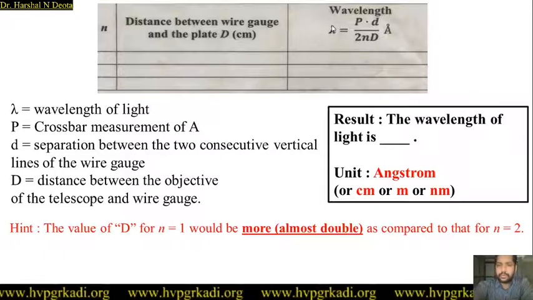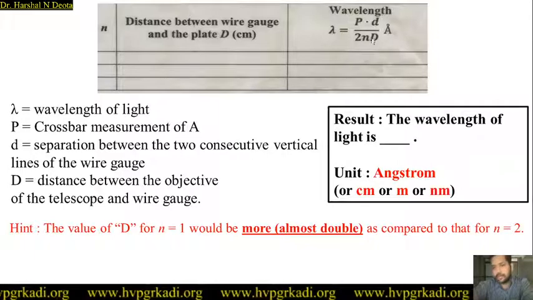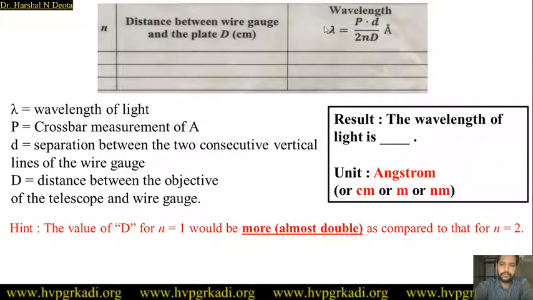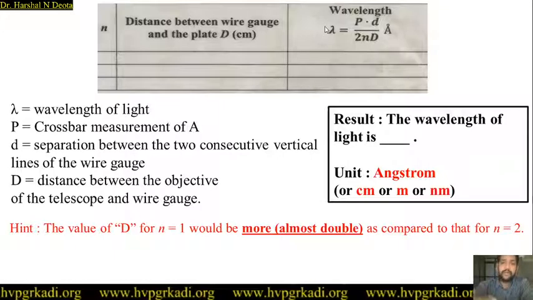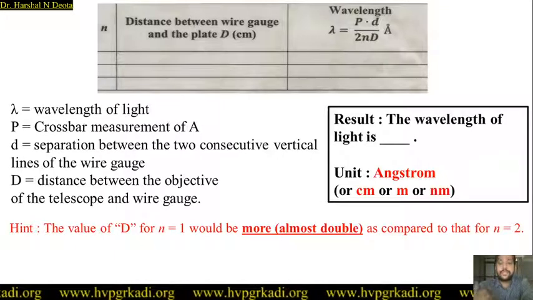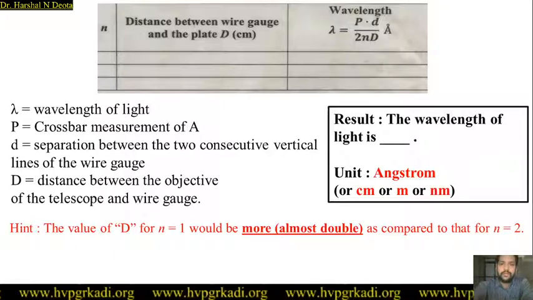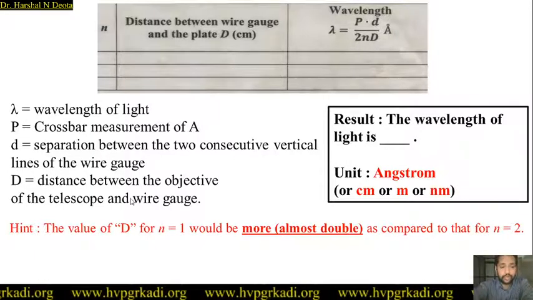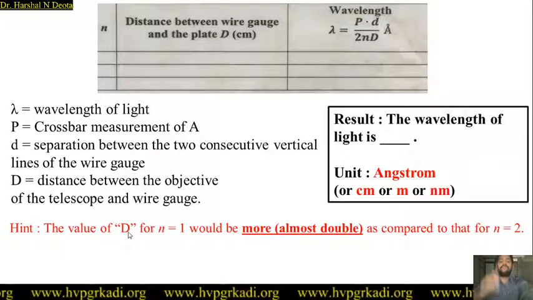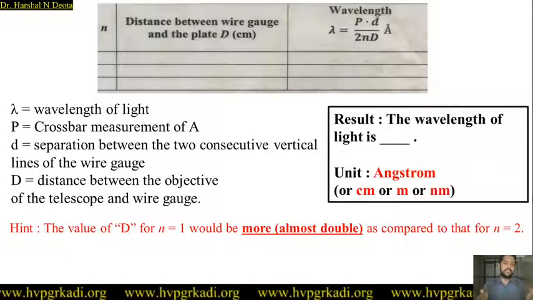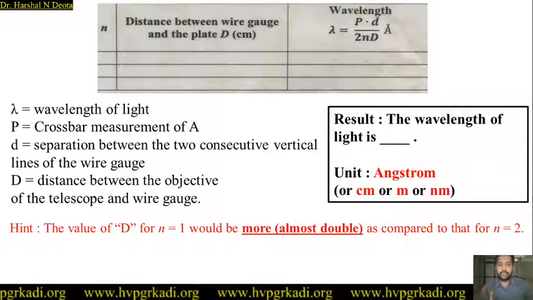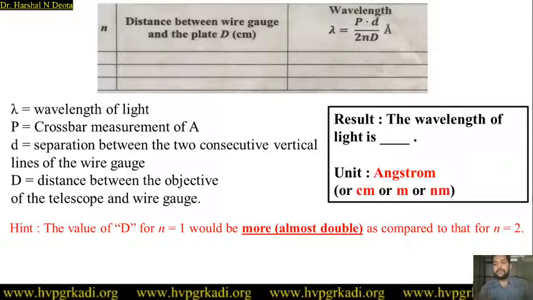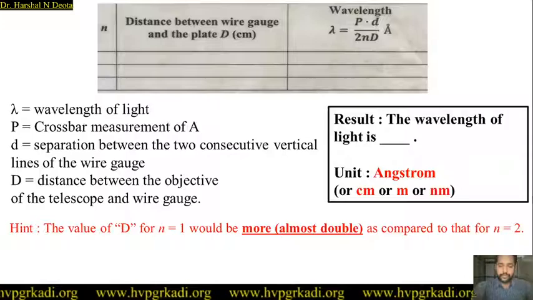You can place this in the denominator, and you can make d the subject of the formula. In this way you can verify whether your answer is correct or not. And whenever you get d1 and d2, you will observe that the value of d, that is the distance between the wire gauge and the Edser A plate, for the first order would be more, almost double, as compared to that of n equal to 2.